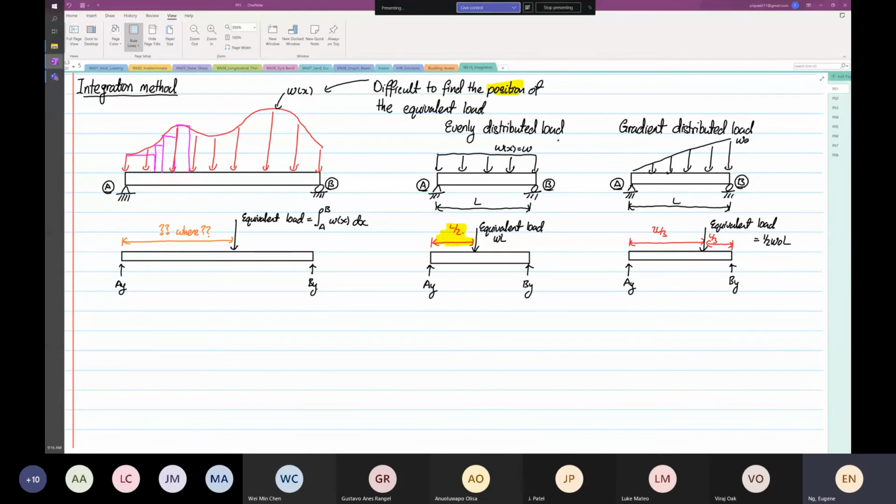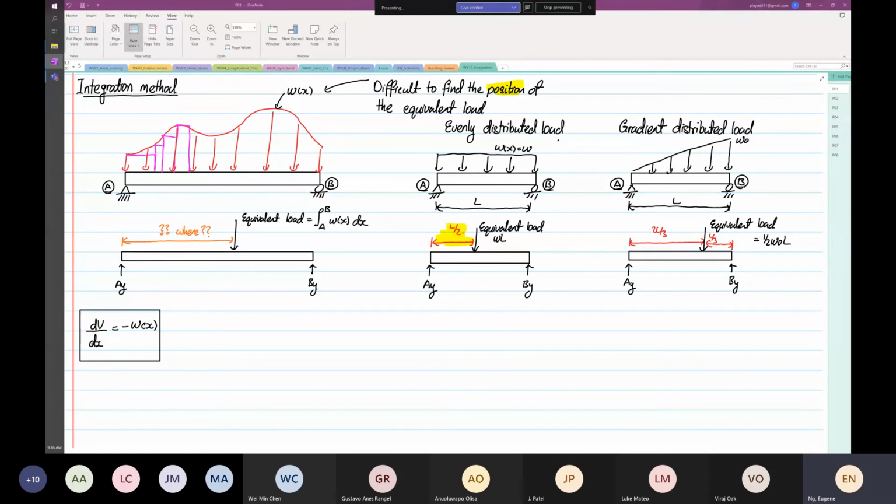So let's look at over here. I'm going to write to you a relationship where we have dV by dx is equal to minus omega as a function of x. I'm not going to prove this to you.